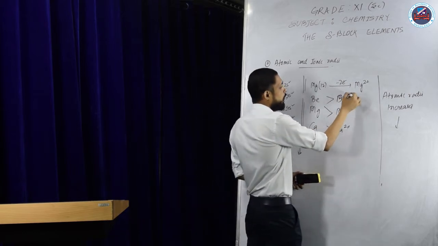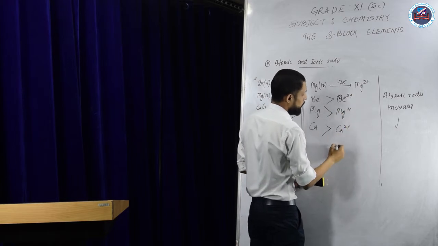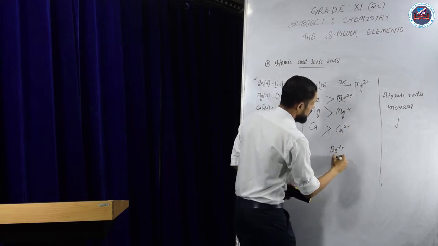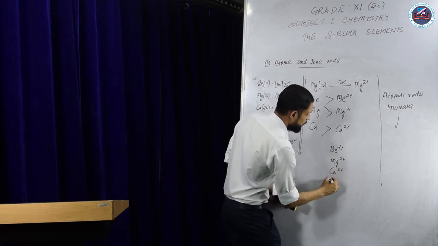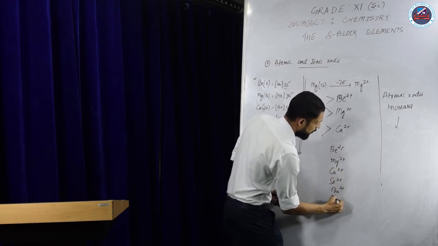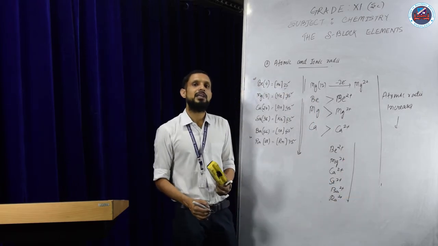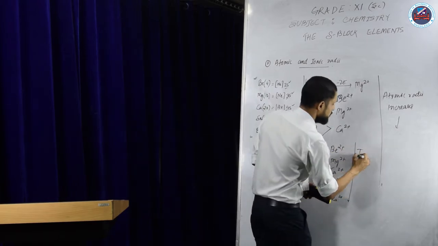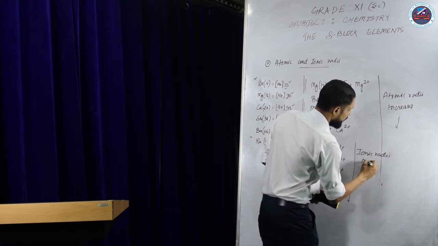However, for the ionic radii, say Be2+, Mg2+, Ca2+, then after this strontium 2+, barium 2+, radium 2+. As we go down, again the ionic radii increases. Ionic radii increases.